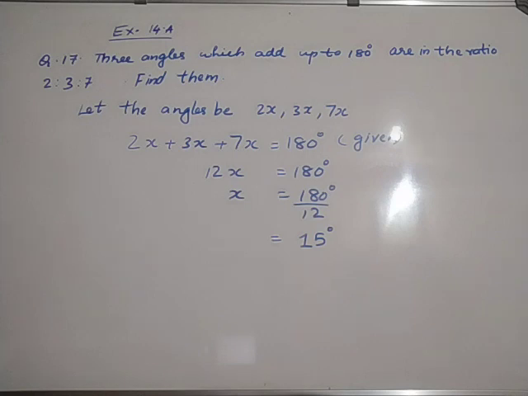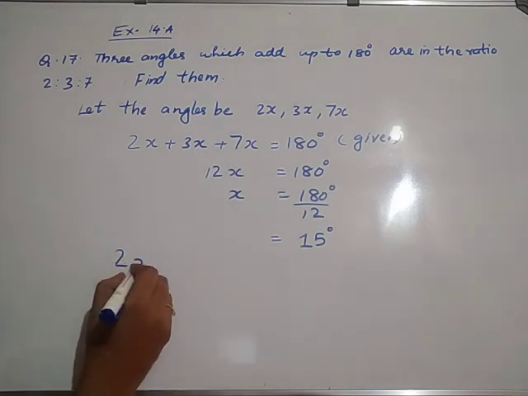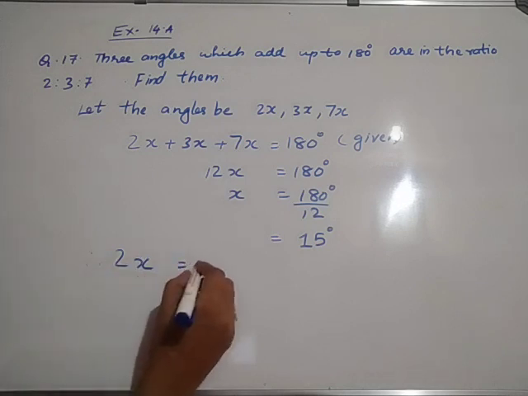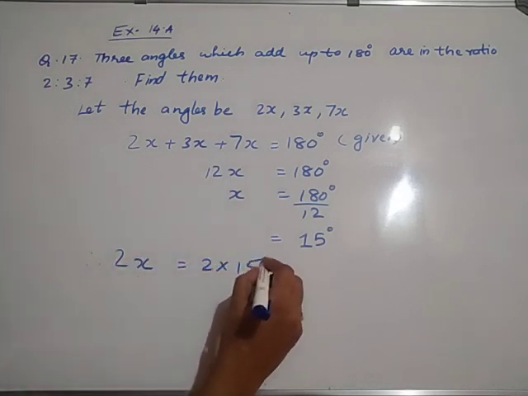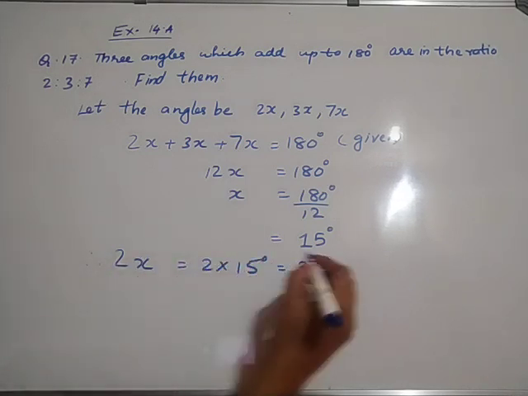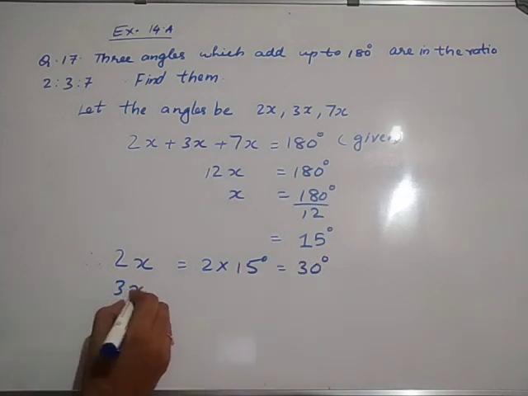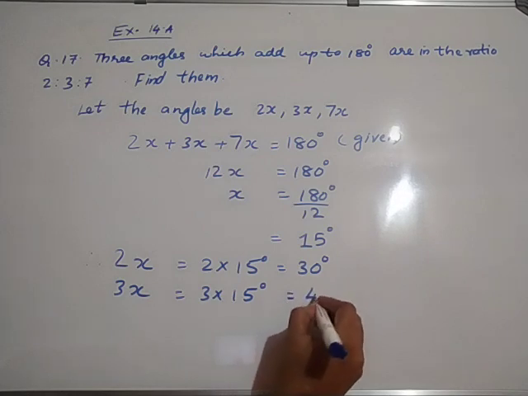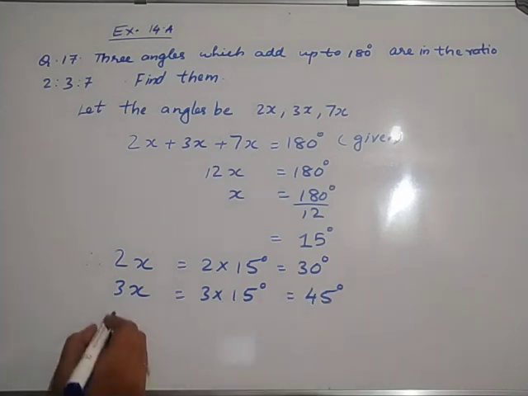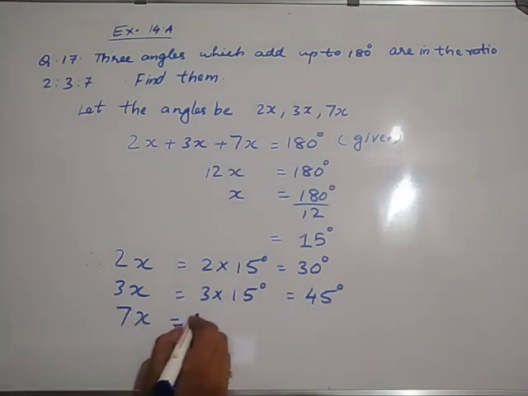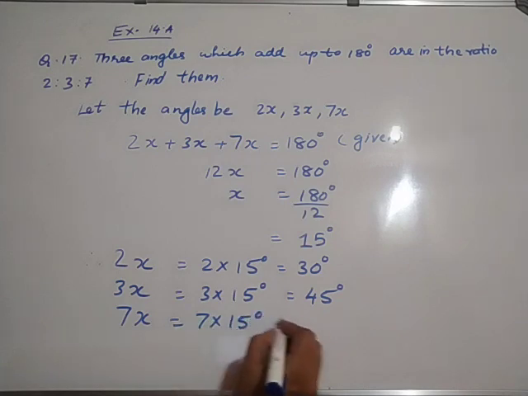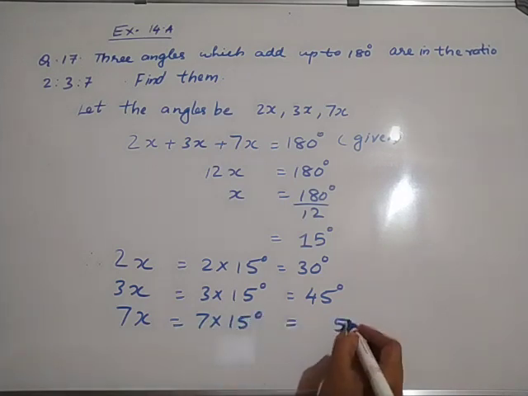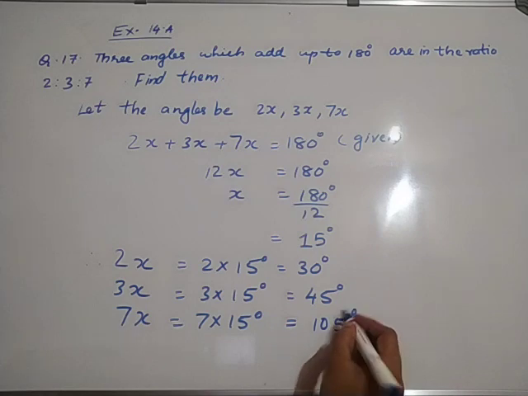Now we have to calculate each angle. First one, 2x is equal to 2 into 15, 30 degrees. Second one, 3x, 3 into 15 degrees, 45 degrees. And the third one, 7x, 7 into 15 degrees, 105 degrees.